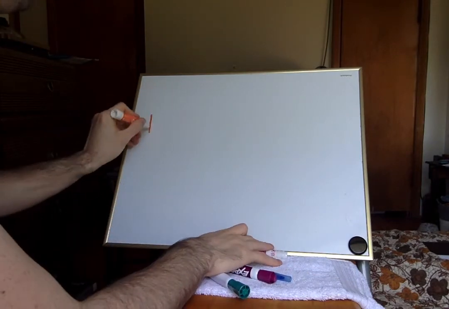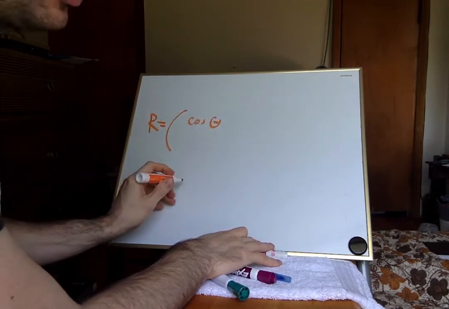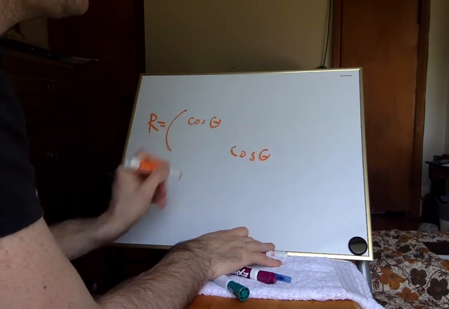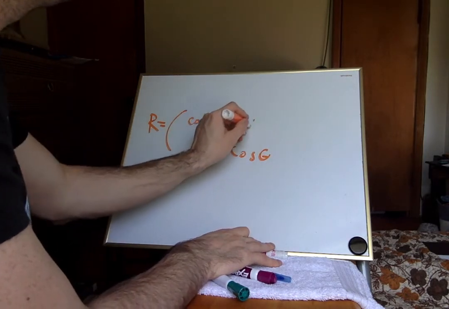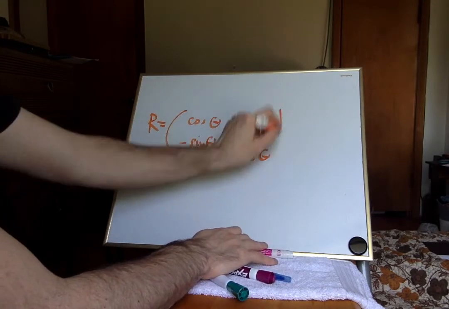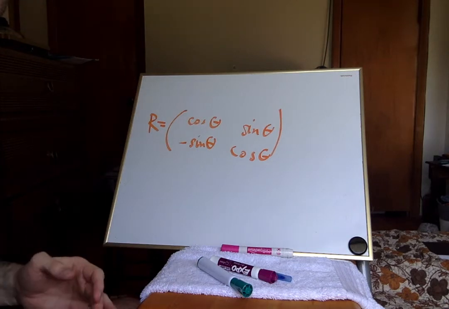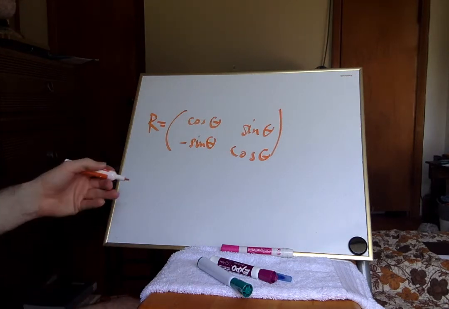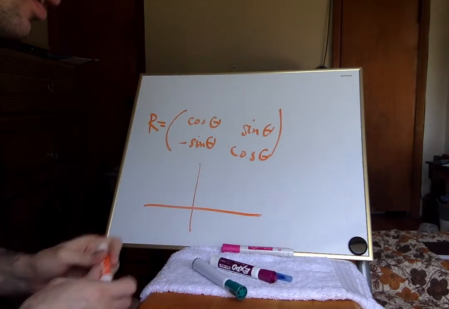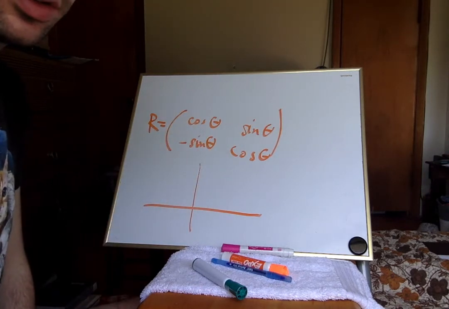If you have R equals cosine theta, negative sine theta, sine theta, cosine theta, this is the sort of operation that takes a point and rotates it by theta degrees.